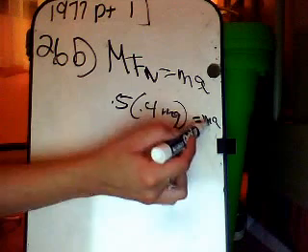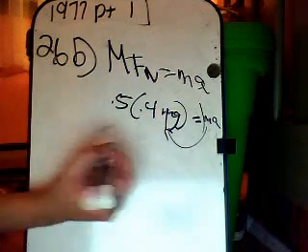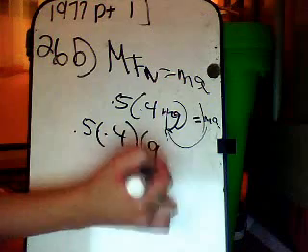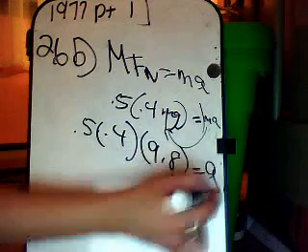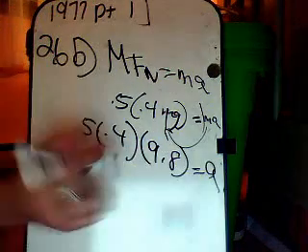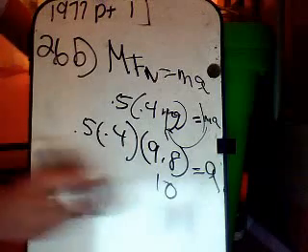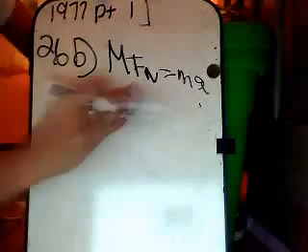When you swing m over, they cancel, so then that becomes 0.5 times 0.4 times 9.8 equals a. And if you use just simply 10 for that, it will equal 2. And that is the linear acceleration.